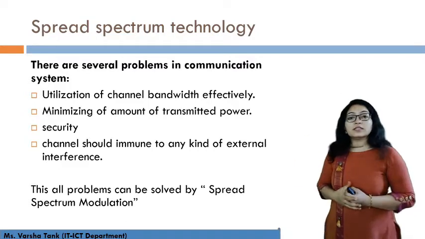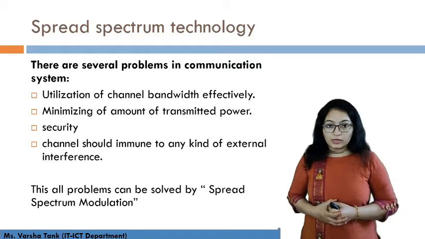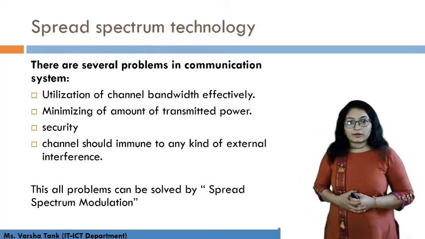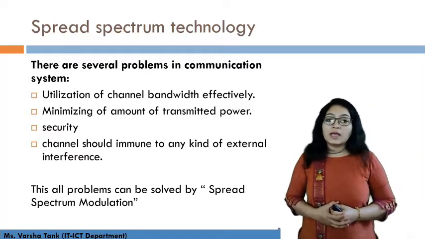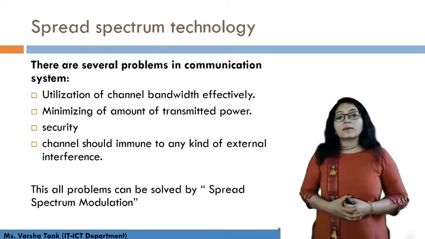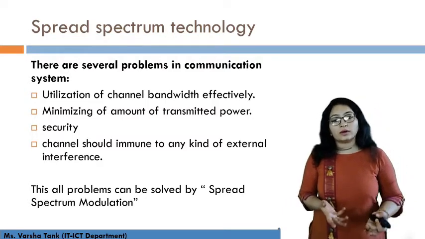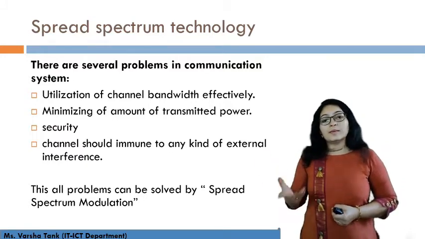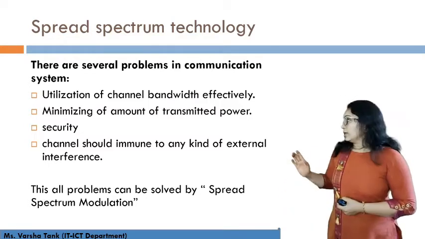The second problem is minimizing the amount of transmitted power. We cannot minimize the transmitted power without spread spectrum, which is one of the disadvantages in a communication system. Then there is security. In spread spectrum we can encode the signal, and then at the receiver side we can decode it, so that type of security is provided.